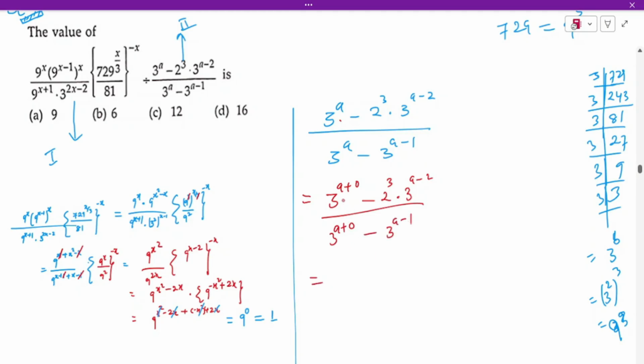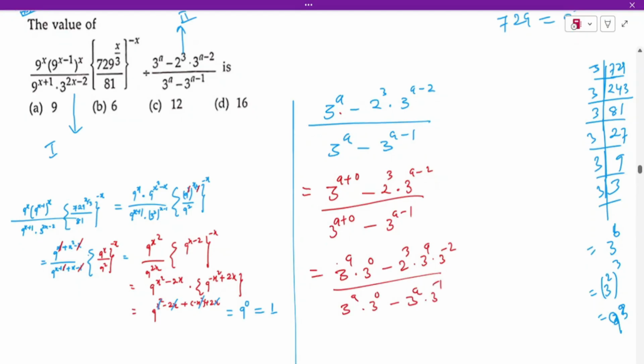Now we can use the laws of exponents, the power of product rule. So this is 3 to power a times 3 to power 0 minus 2 power 3, and 3 to power a times 3 to power minus 2, divided by 3 to power a times 3 to power 0 minus 3 to power a times 3 to power minus 1, right?